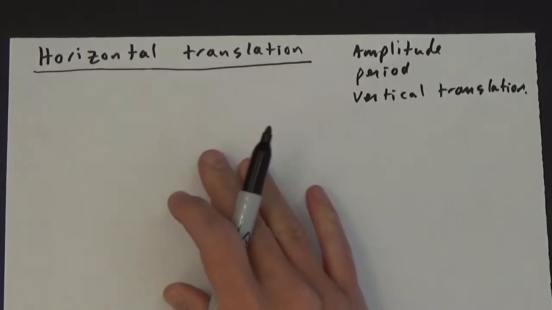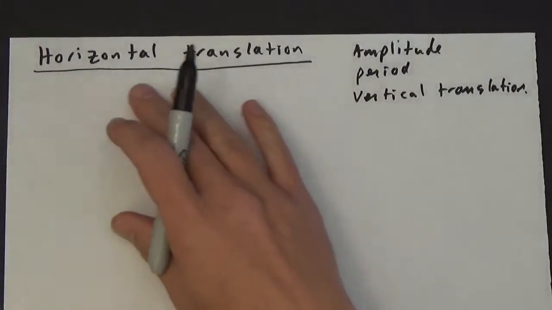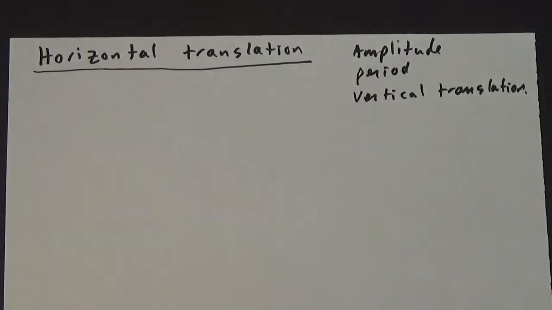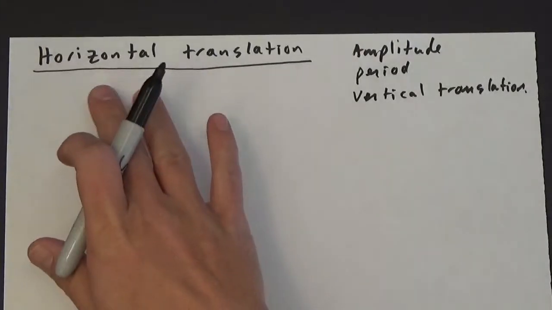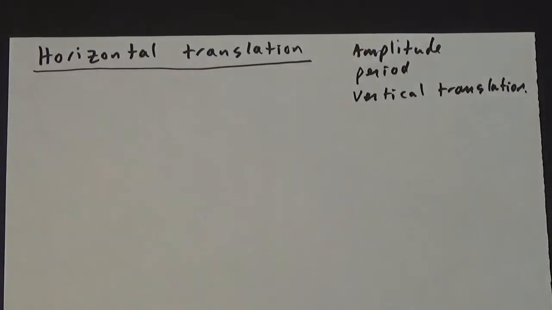There's one more way we can modify the location of a sine or cosine function. This also works for the other four trig functions, but in this video we'll focus on sine and cosine. And that's a horizontal translation.